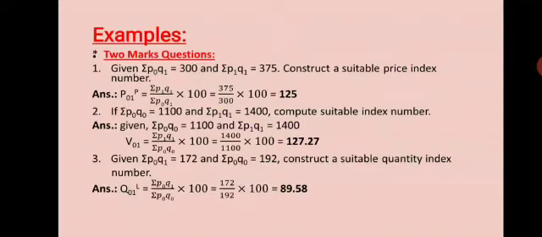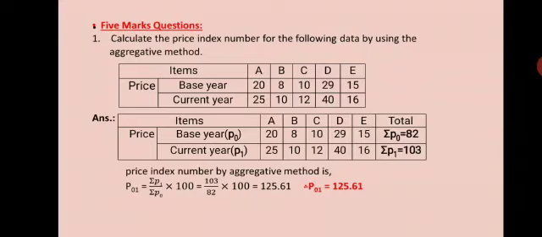Here the data is given as items A, B, C, D and E with the corresponding prices in base year and current year. The base year prices are 20, 8, 10, 29 and 15, whereas the current year prices are 25, 10, 12, 14 and 16.